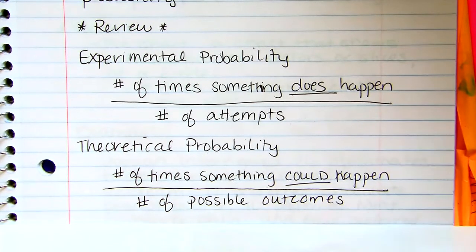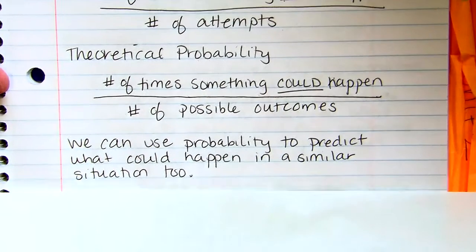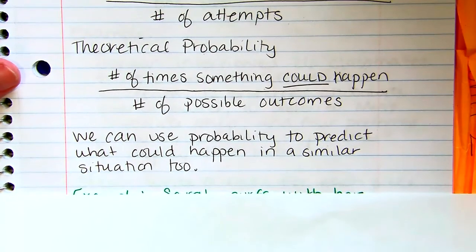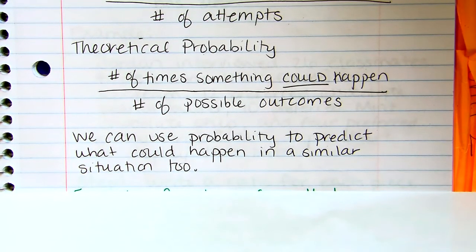So keep that in mind as we're moving forward. Now, we have the ability to use probability to predict what could happen in a similar situation too. So in your assignment today and later on this week with lesson 15, you're going to be using probability to predict what could happen in the future, or what could happen if that scenario continued, okay?